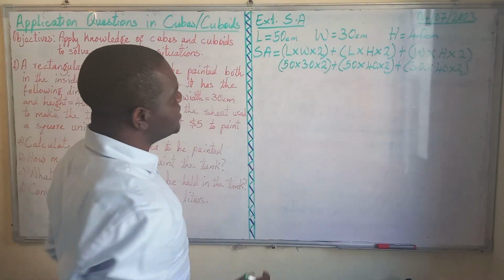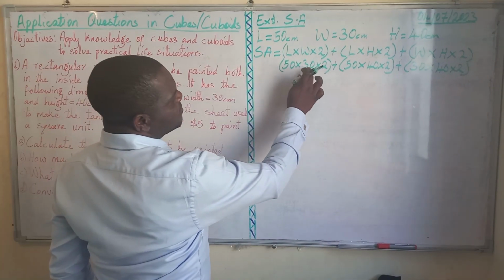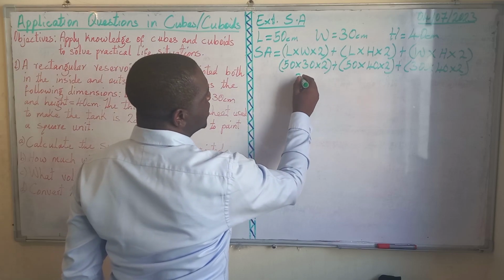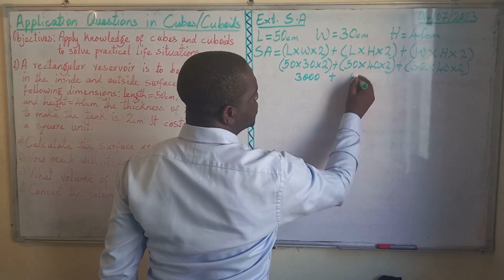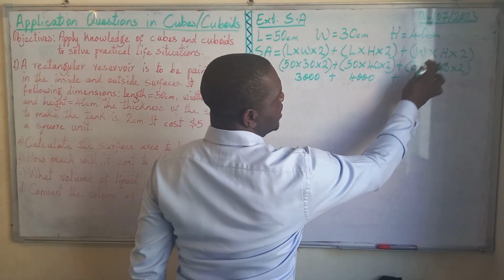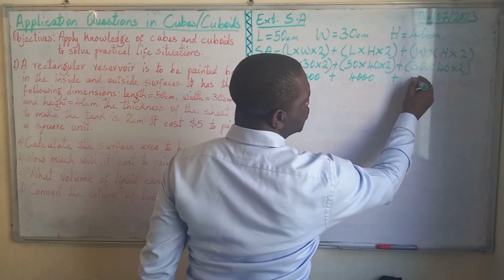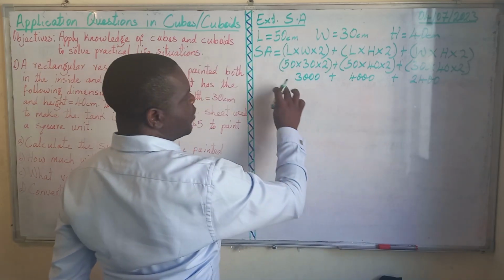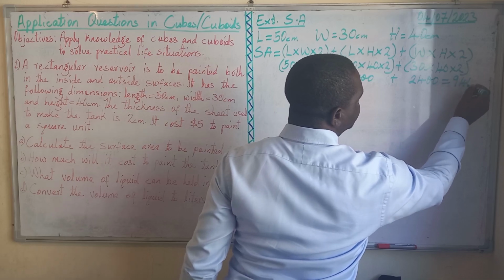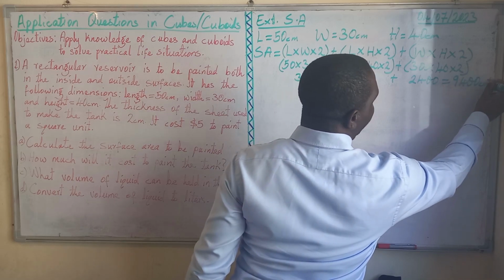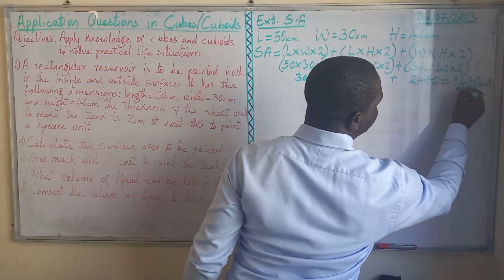If you multiply this carefully, 50 times 30 times 2 will give us 3,000, plus 50 times 40 times 2 will give us 4,000, plus 30 times 40 times 2 will give us 2,400. And if you add all this together, it's going to give 9,400 centimeters square. This is the external surface.